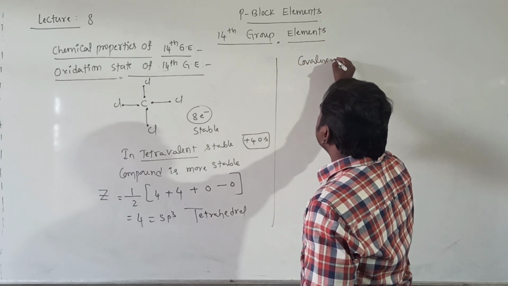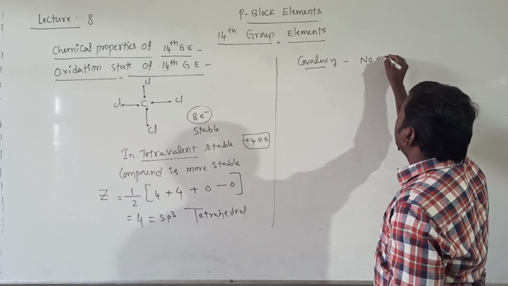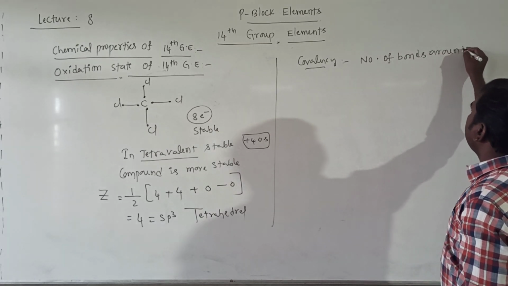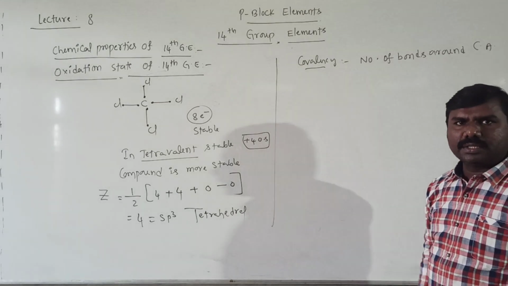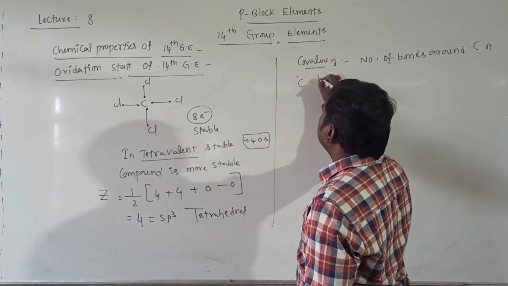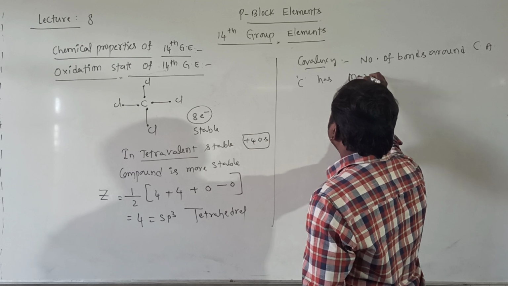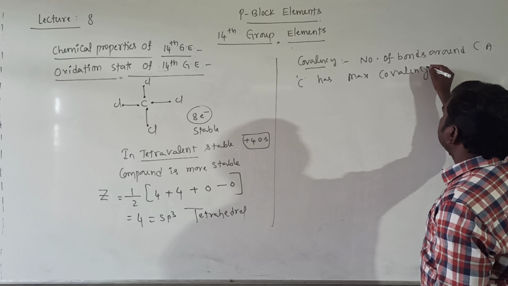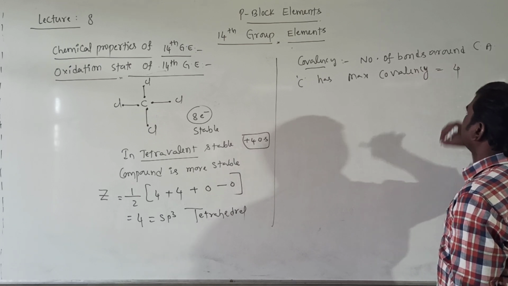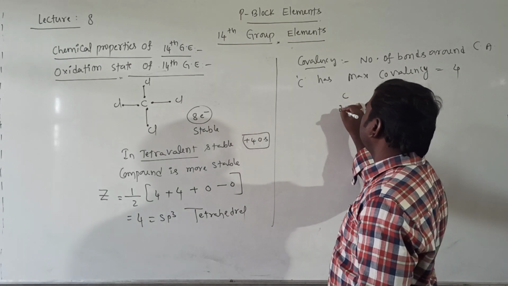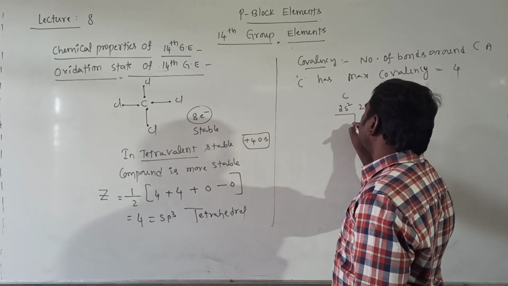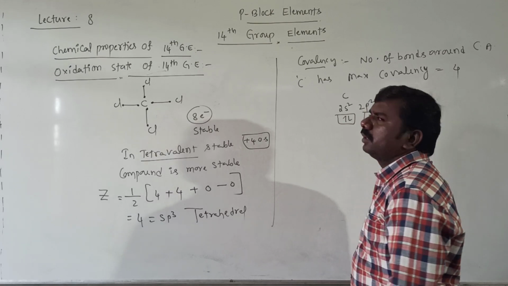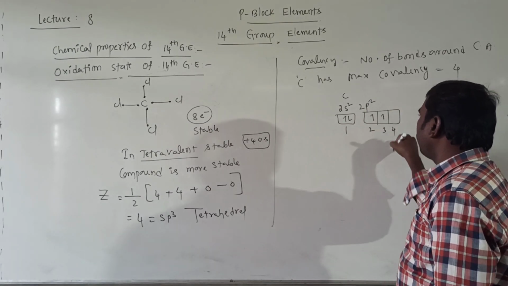Covalency means number of bonds around the central atom. Carbon has maximum covalency 4, because carbon configuration is 2s2 2p2. s has 2 electrons, p also 2 electrons, and 1, 2, 3, 4 bonds are possible.